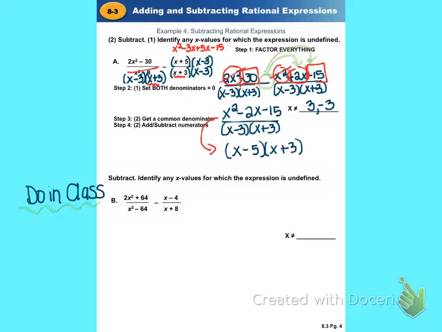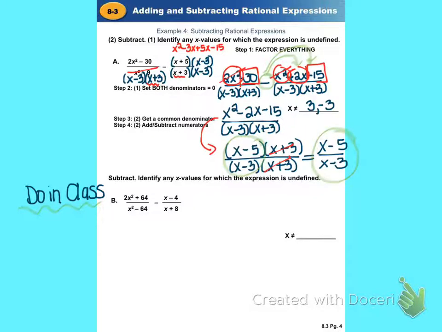That works. Now I can see that my numerator and denominator have a common factor of x plus 3. So I can go ahead and cancel those out, and all I'm left with is x minus 5 over x minus 3. And that's my final answer in its simplest form.